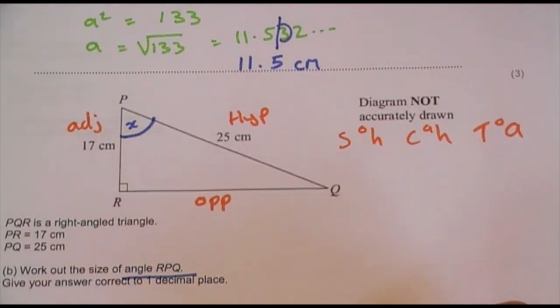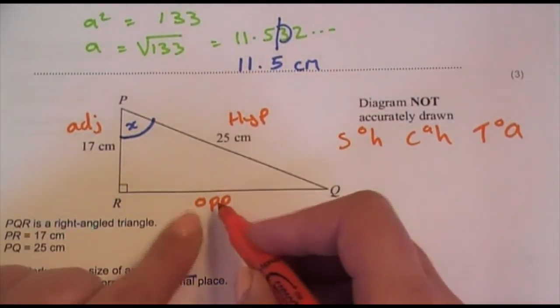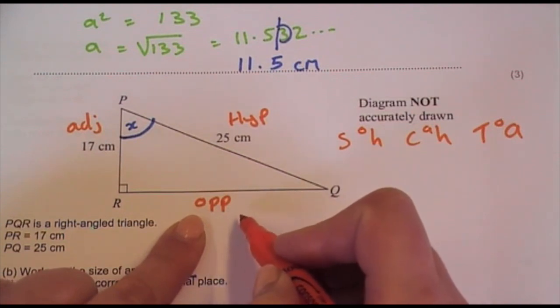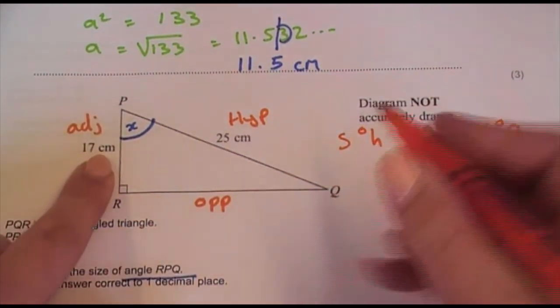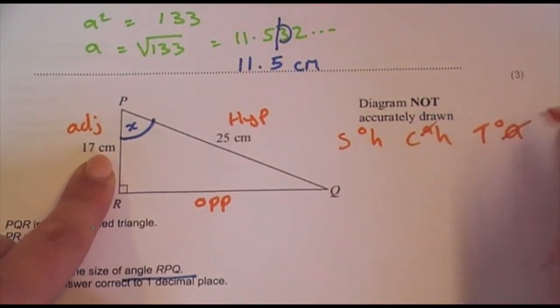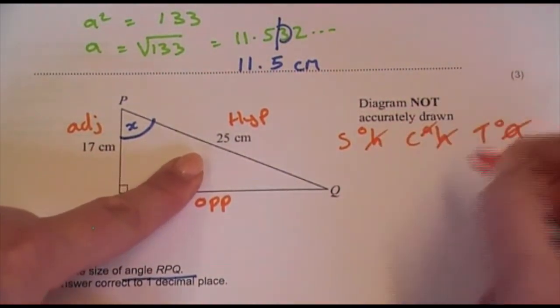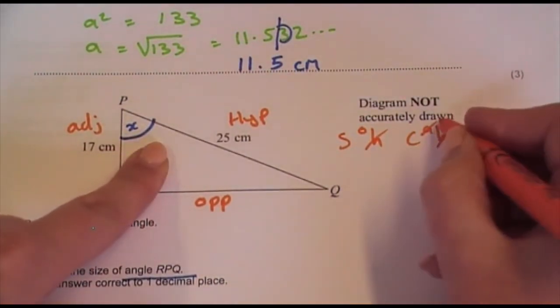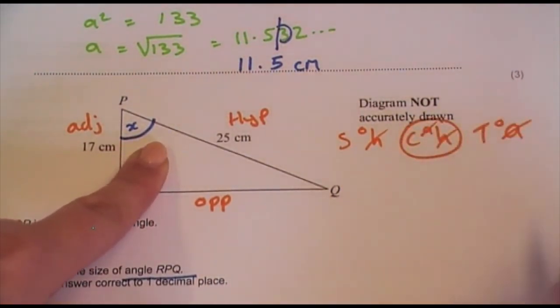It doesn't always work out like that. I'm not using the opposite because I've not been asked to find it and they've not given it to me. So adjacent I've been given, I can cross that out. I've been given the hypotenuse, I can cross that out. And the S, the C and the T refers to the angle. Obviously I've got that, otherwise I wouldn't be using Sohcahtoa.